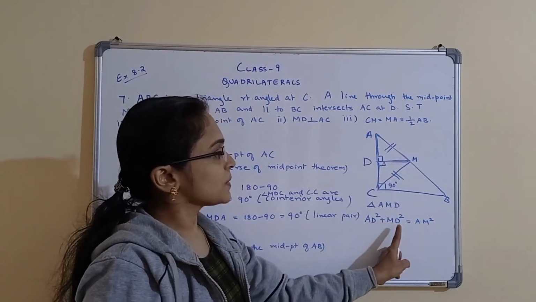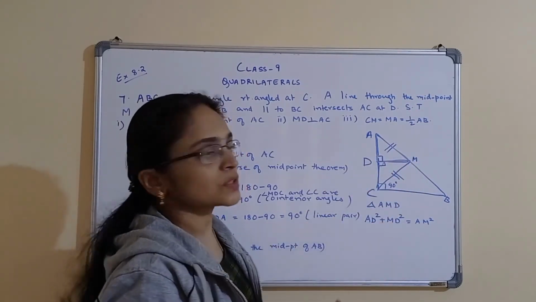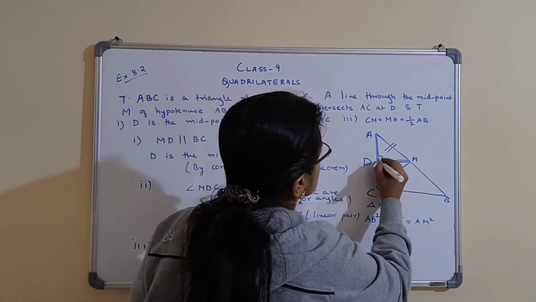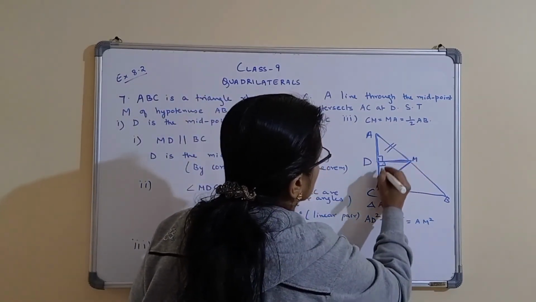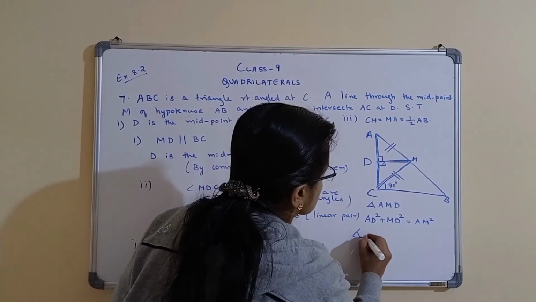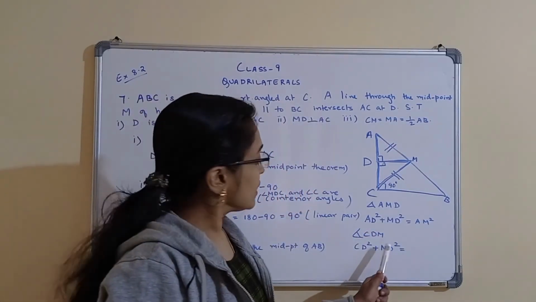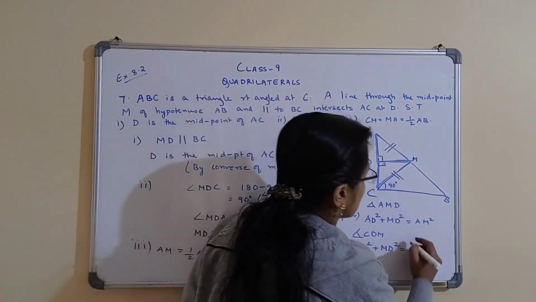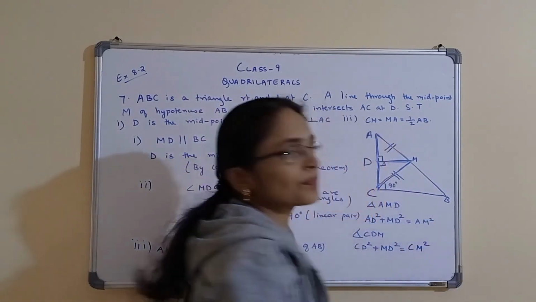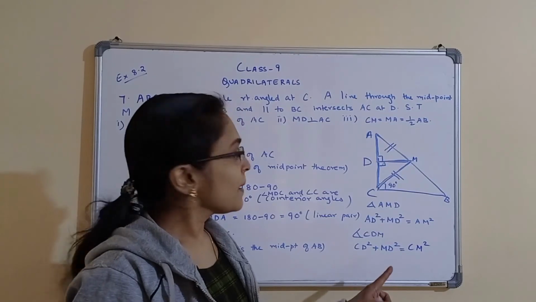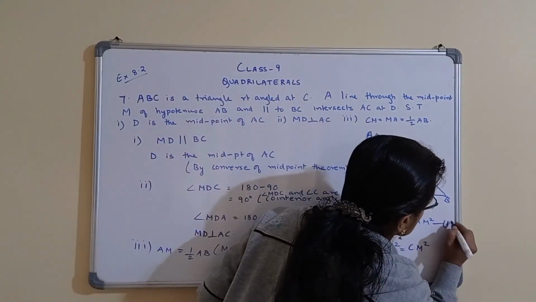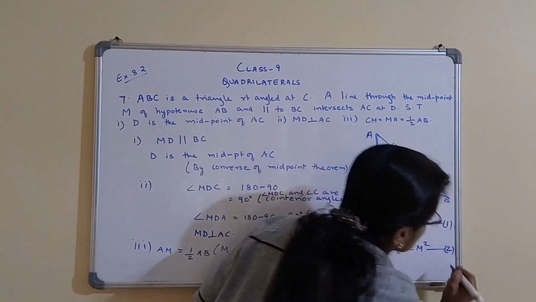Now take this triangle, that is triangle CDM. Here CD square plus MD square is equal to CM square, right? So we can take this as equation 1 and this as equation 2.